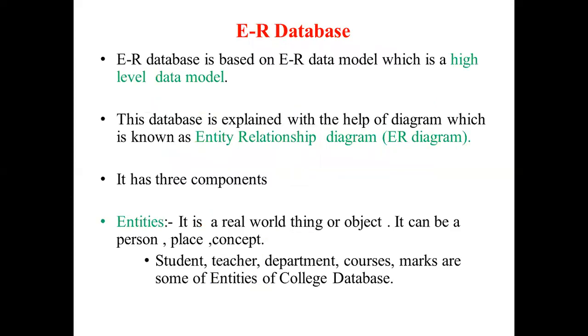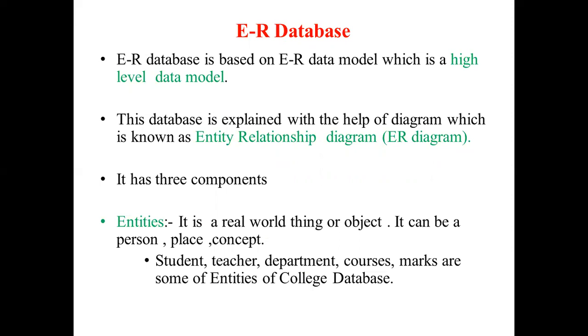Next, another very important database is the entity relationship database. This database is based on the ER model, which is a very high-level data model. It is explained with the help of a diagram, which is known as the entity relationship diagram.